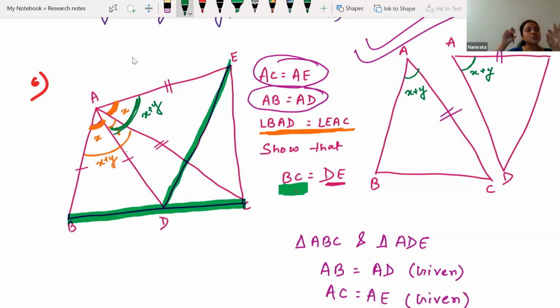Meanwhile, one part was there in our actual figure which was common in this triangle also, in that triangle also. So if X is same and the common part is there in both the triangles, then obviously total angle over here will be equal to total angle over there. Yes or no? Yes, ma'am. Are you able to understand? Is there any confusion, Aris?